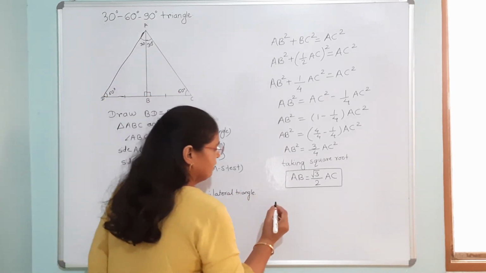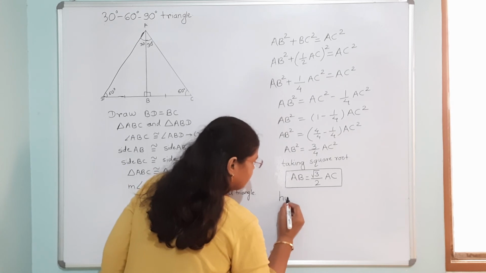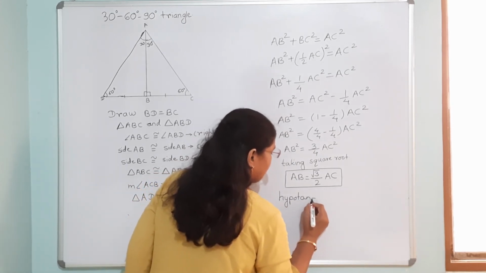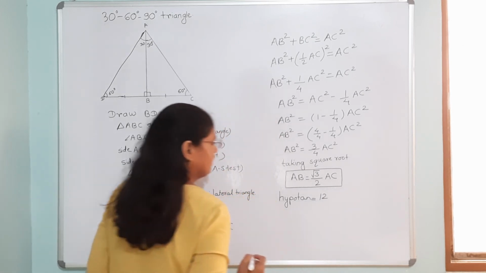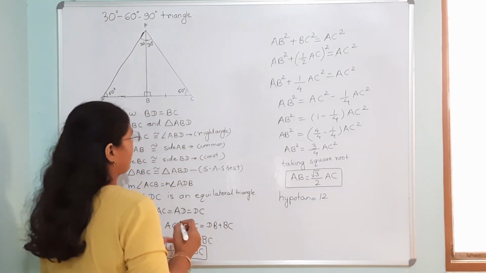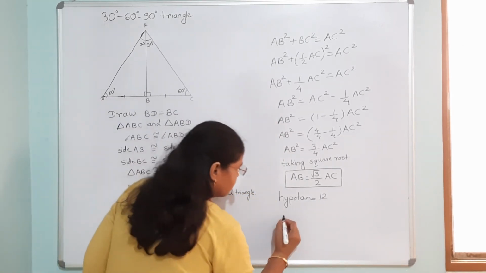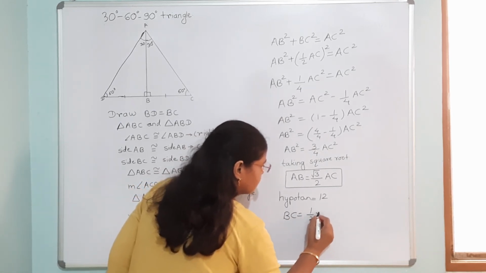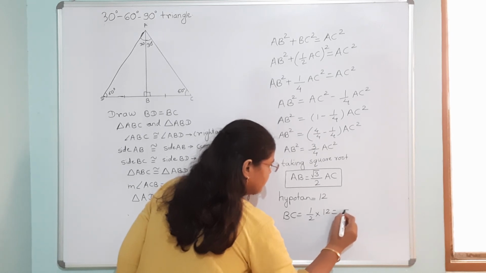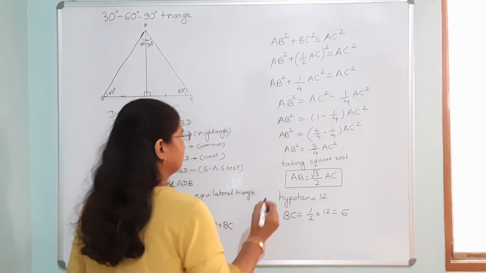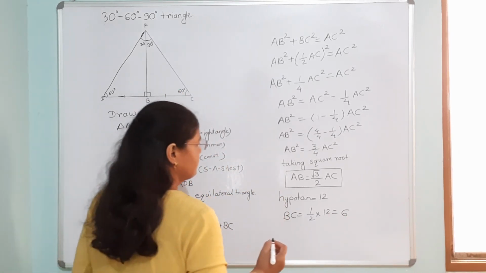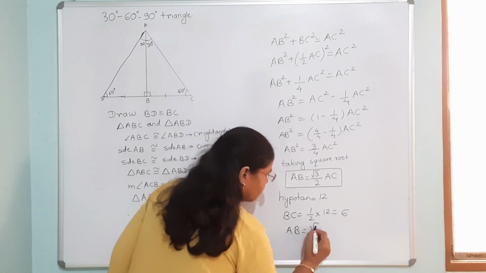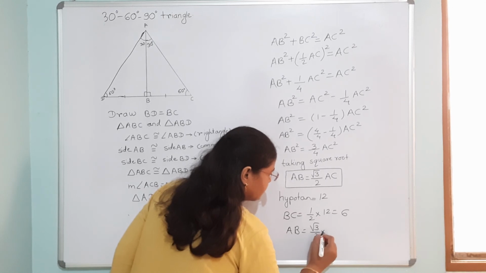For example, if we are given the hypotenuse as 12, then the side opposite to 30, that means BC, will be half of the hypotenuse. That means it will be 6, and the side opposite to 60 degrees, AB, is root 3 upon 2 times the hypotenuse.